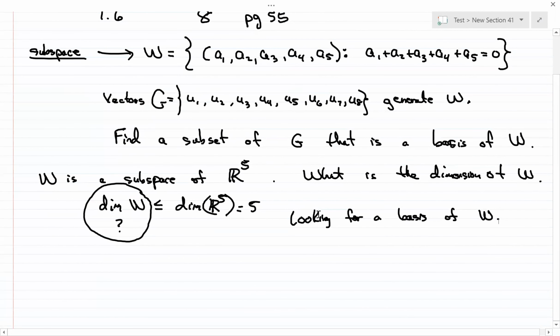So I think one vector in there that would work would be this: 1, -1, 0, 0, 0. Certainly that's a vector in W. Why? To be in W, the sum of the components has to be 0. And 1 plus -1 is 0 if you add all these.